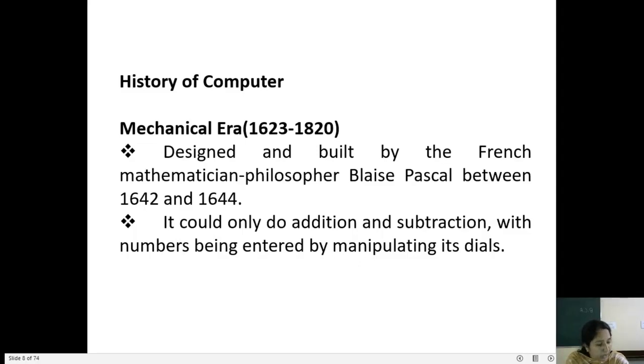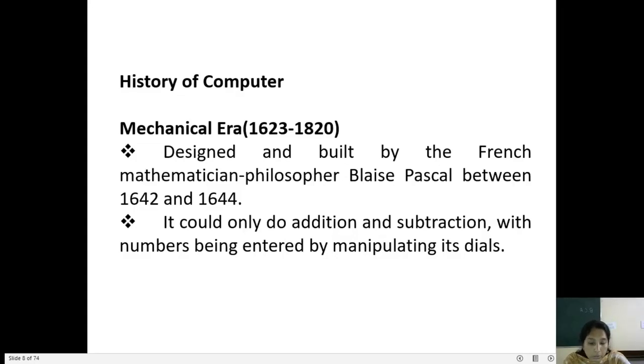Later on, an English mathematician named Charles Babbage, in 1820, implemented this Blaise Pascal machine concept. He updated it and introduced a mechanical device called the difference engine, which is used for printing as well as calculating mathematical tables.